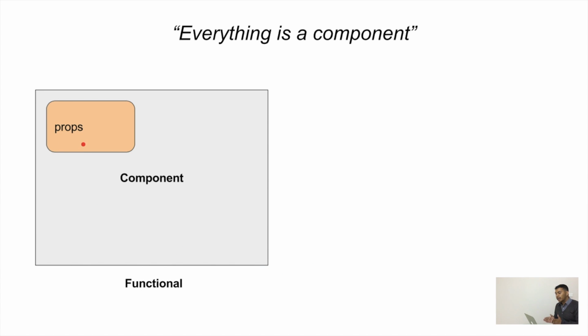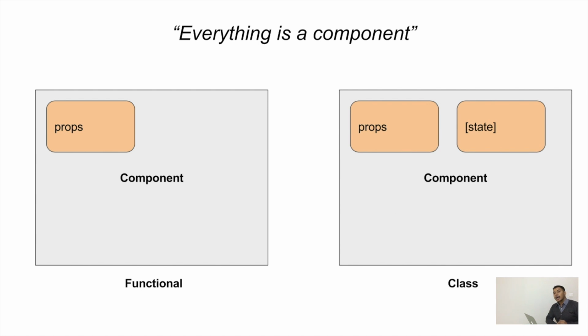So every component in React has this particular property props. Now this prop is an object which can have other properties as well, right? And the other type of component is the class component. So in addition to the props property, this class component can also have some internal state.